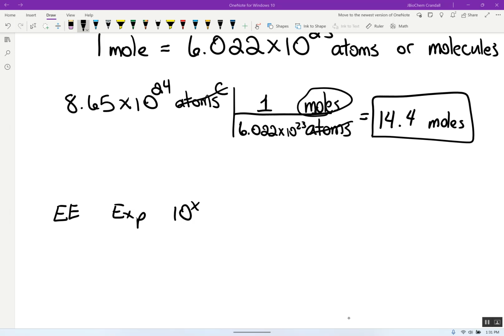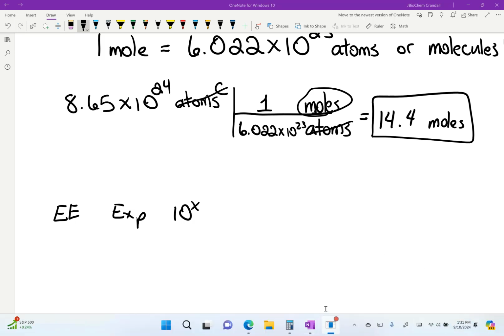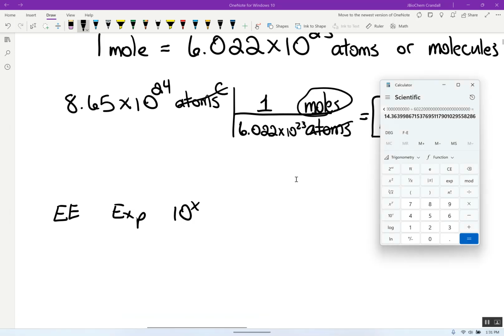Okay, so what happened to my calculator? So 8.65 divided by 6.022, and that is 1.43. Okay, or 1.44. All right, it's 1.44.